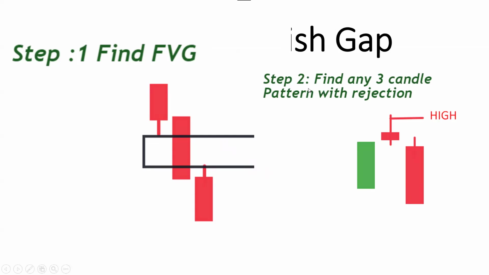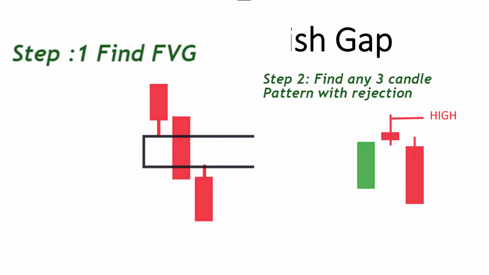The second setup is you need to find any 3 candle pattern which appears in this area, the fair value gap. In the first step I gave a gap, no? This area is where it is going to fit the 3 candle pattern. I will tell you which 3 candle patterns you have to use, and that setup I'm also giving in this video, so kindly watch it.